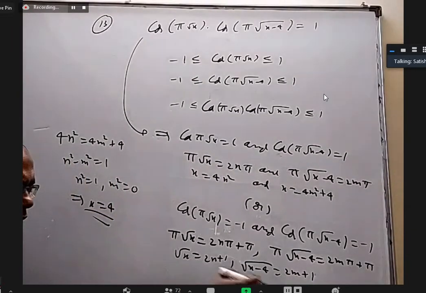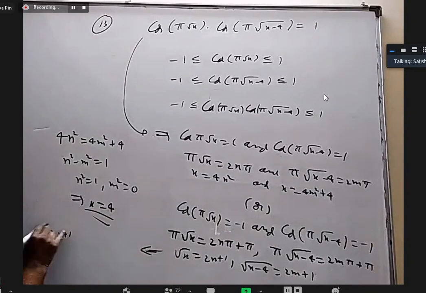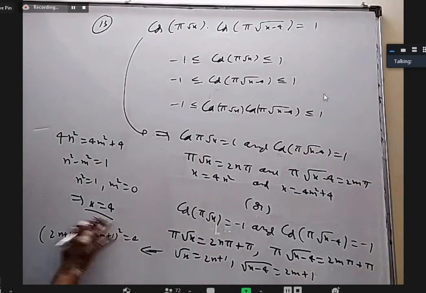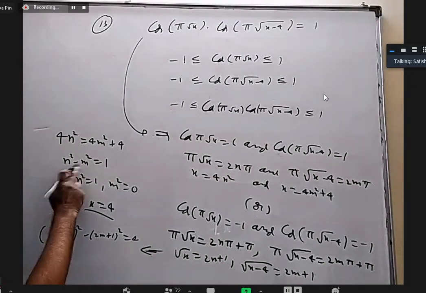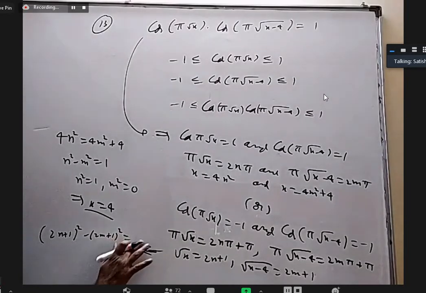Basically, this is an odd number and this is an odd number. When I square and subtract, I get (2n plus 1) whole square minus (2m plus 1) whole square equal to 4. The difference of squares of odd numbers should be 4. Is it possible?